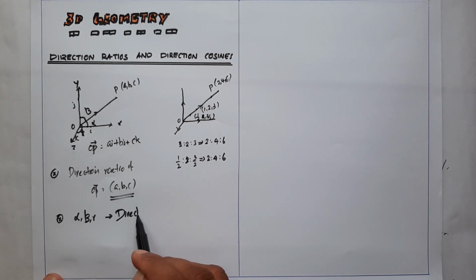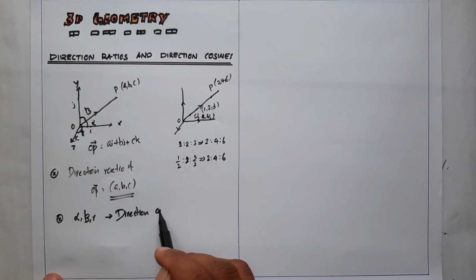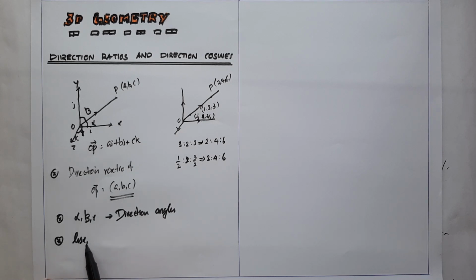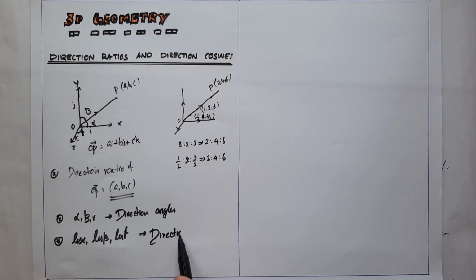The cosines of these angles are called direction cosines. That is cos alpha, cos beta and cos gamma are called direction cosines. Cosine of these angles are called direction cosines.